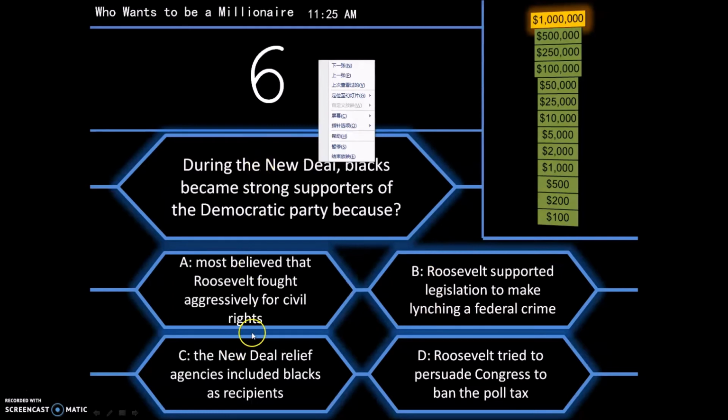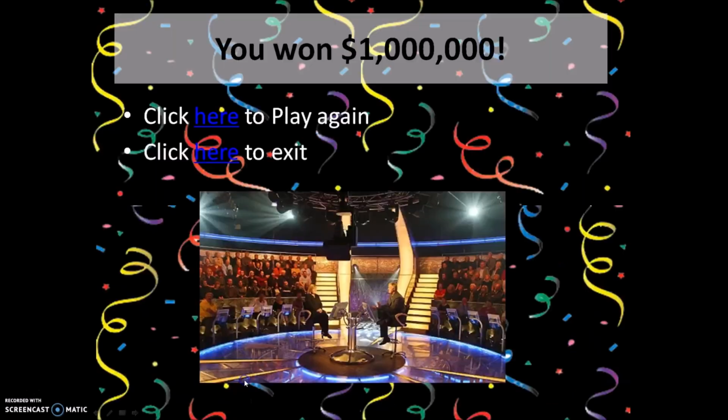So the primary reason why the blacks transferred their support to the Democrats was that they were included in the New Deal programs, for that simple reason. So we're going to pick C here.